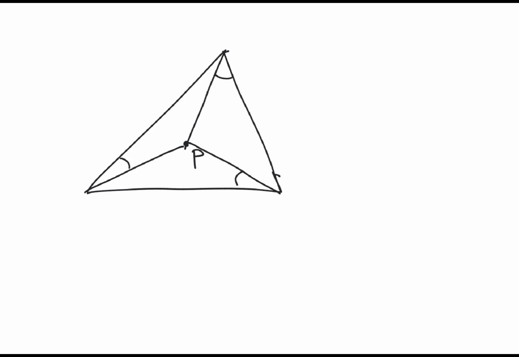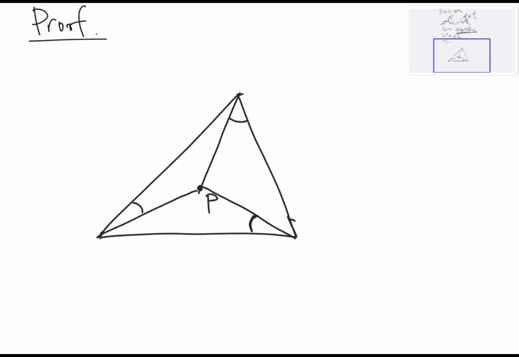In the previous video, when I proved the existence and uniqueness of Brocard points, we constructed the circles. I proved that the circumcircles of the triangles APB, BPC, and CPA are tangent.